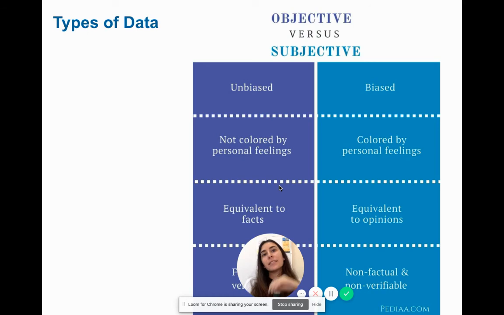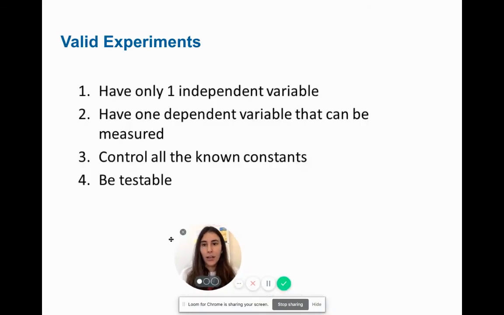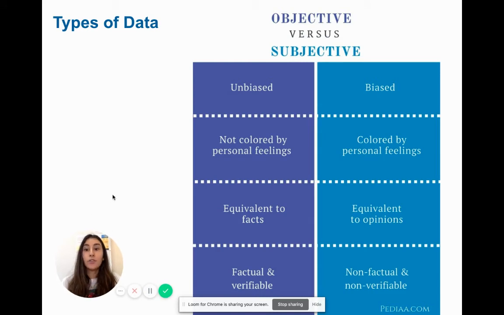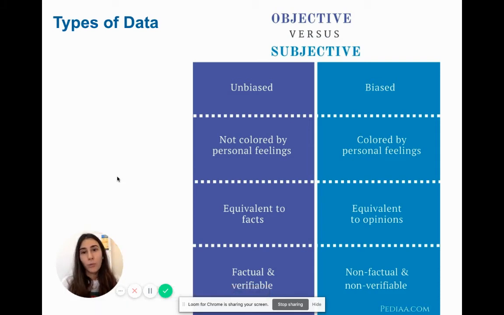All right, and next we have another two types of ways we can characterize data. They are objective versus subjective data. Objective data means that the data is unbiased, is not controlled by personal feelings, and it's based on facts.